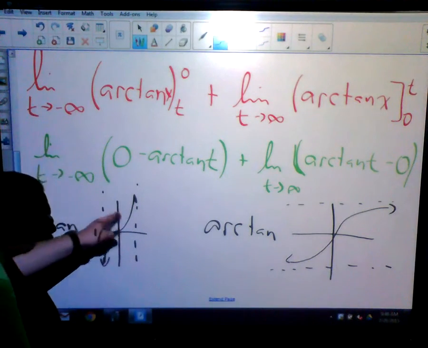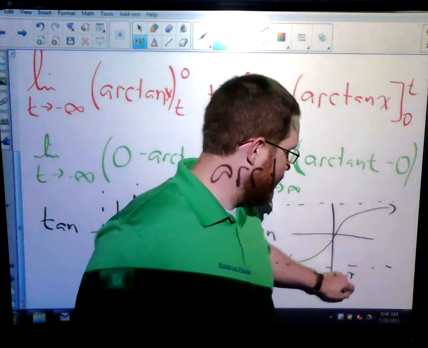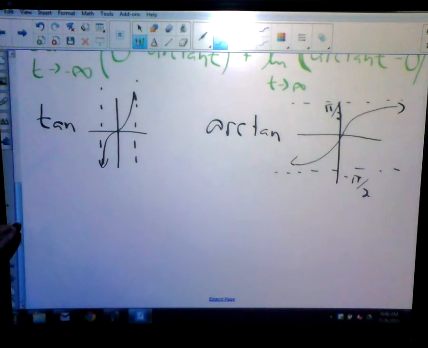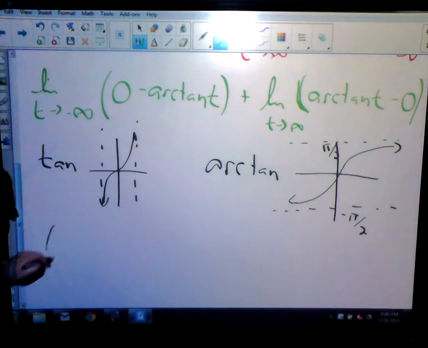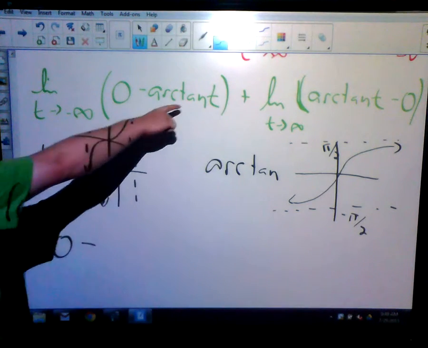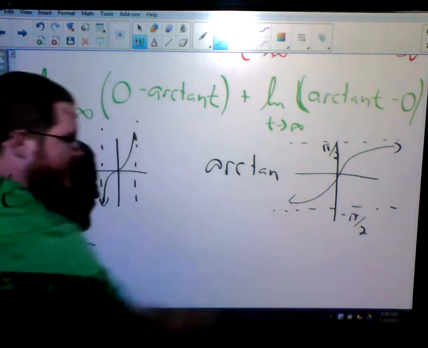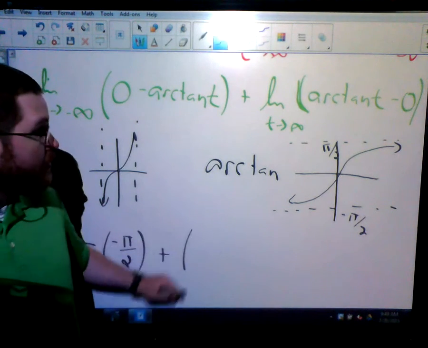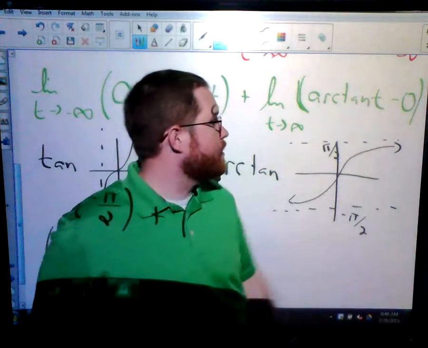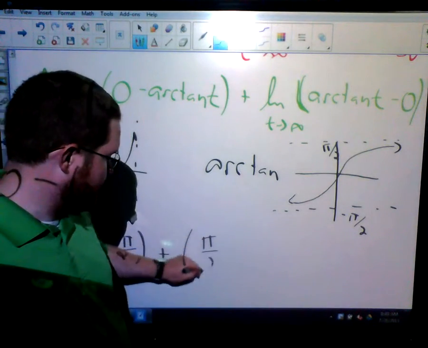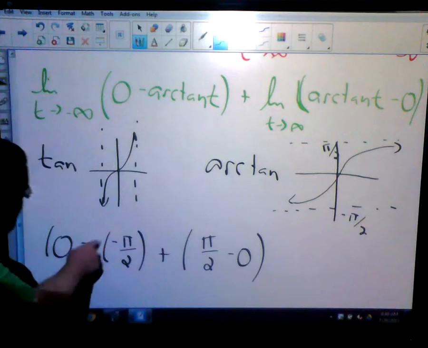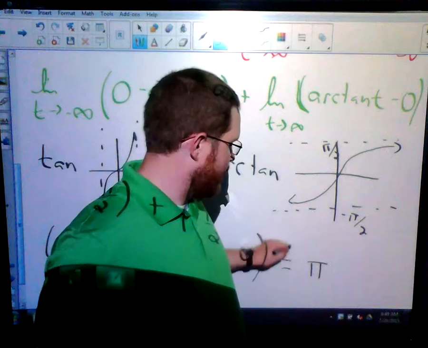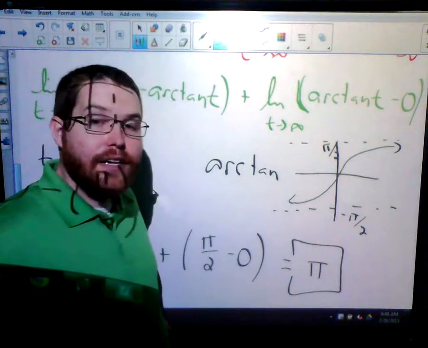Well, they're negative pi over 2 and positive pi over 2. So what's that mean? It means that this is 0 minus, if you go to negative infinity on arctan, you get negative pi over 2. Plus, if you go to positive infinity on arctan, you get pi over 2. Minus a negative is positive, pi over 2 plus pi over 2 is pi. Don't forget your trig and your trig inverses.